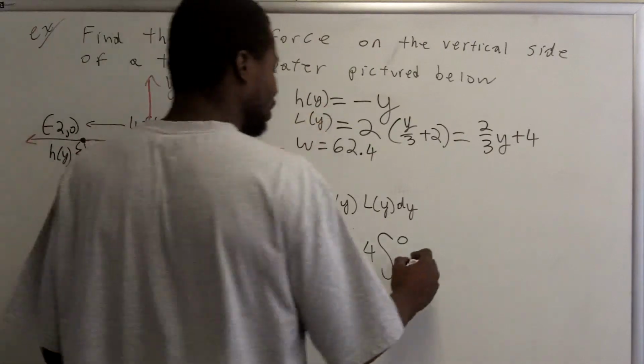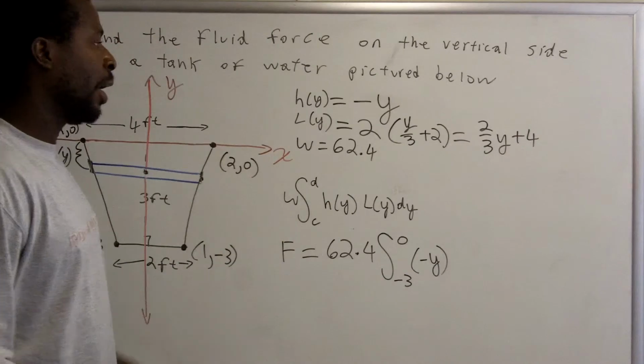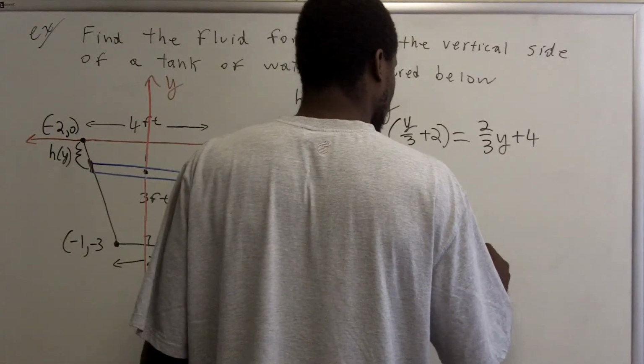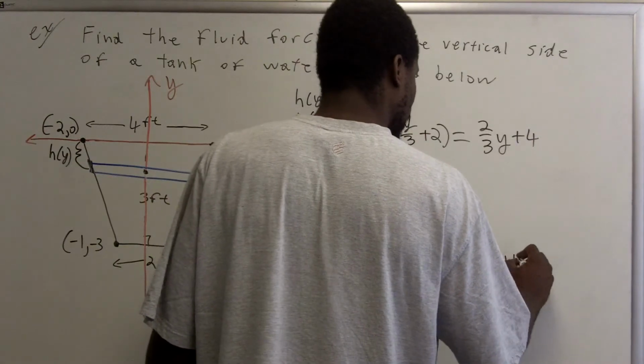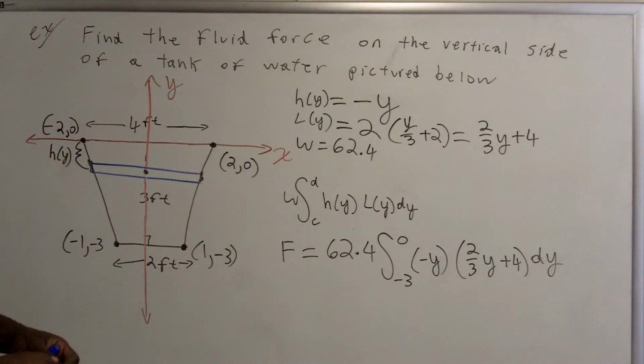The depth h of y is negative y, and the length L of y is 2/3 y plus 4 dy. So this is going to give us the fluid force.